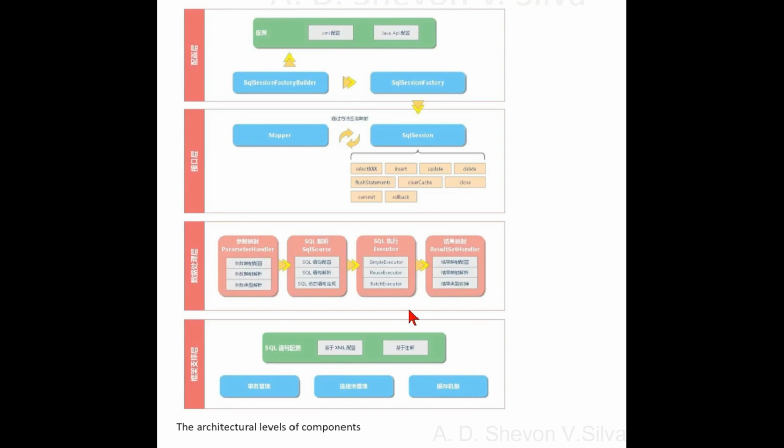Parameter handler responsible for converting the parameters passed by the user into the parameters required by the JDBC statement. Result set handler responsible for converting the result set object returned by JDBC into the collection of type list.